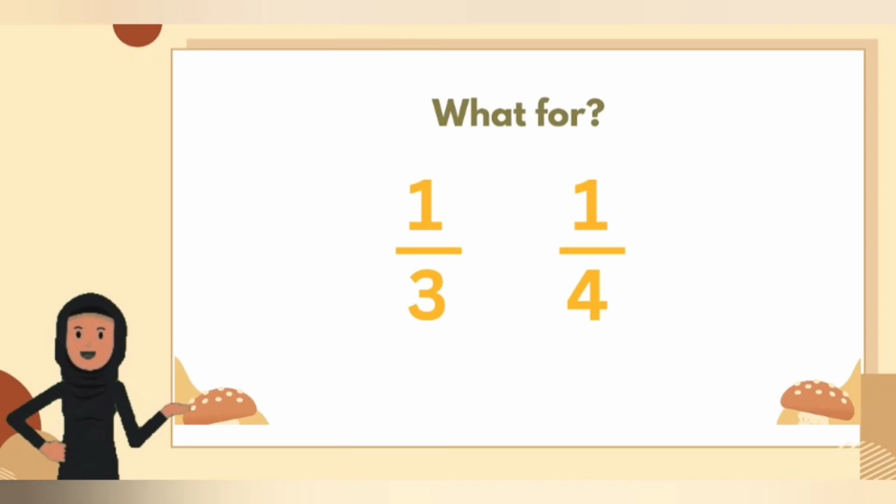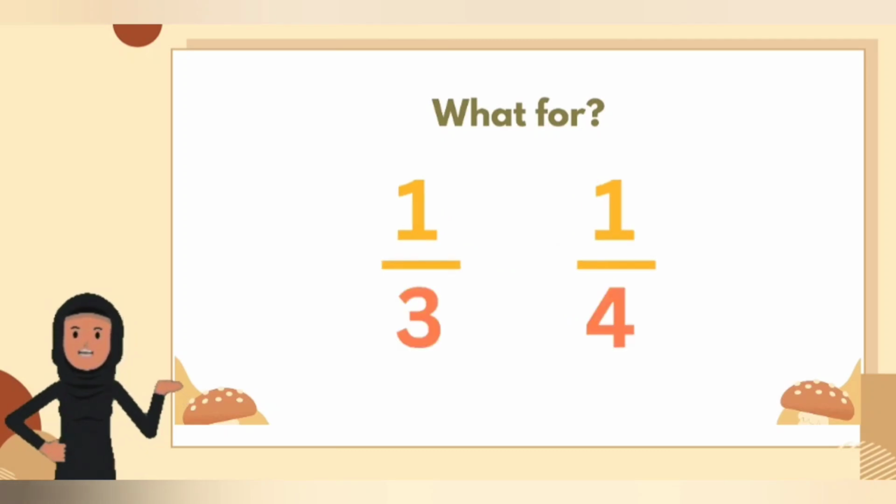So, what is least common multiple used for? If I want to compare both fractions 1 per 3 and 1 per 4, by the denominator we just need to see the least common multiple of both denominators. From the list of multiples, we can say that the least common multiple is 12.